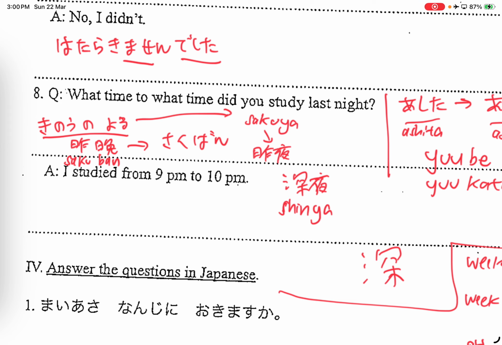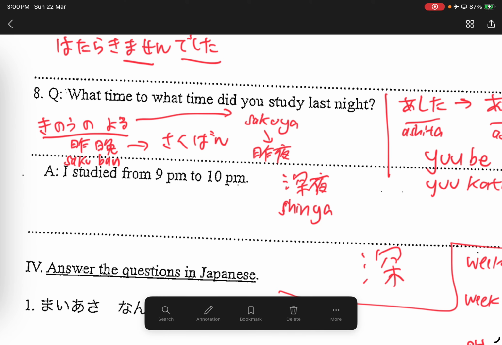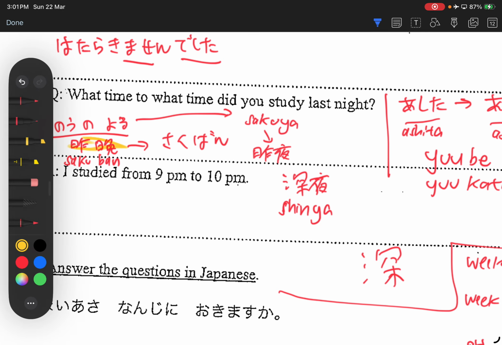For yesterday, there are a few ways to say it. You can say 昨日の夜, 昨日の晩. Or if you want to cut it short, you can say 昨晩 or 昨夜. They all have the same meaning. 昨晩 or 昨夜 also refers to last night.